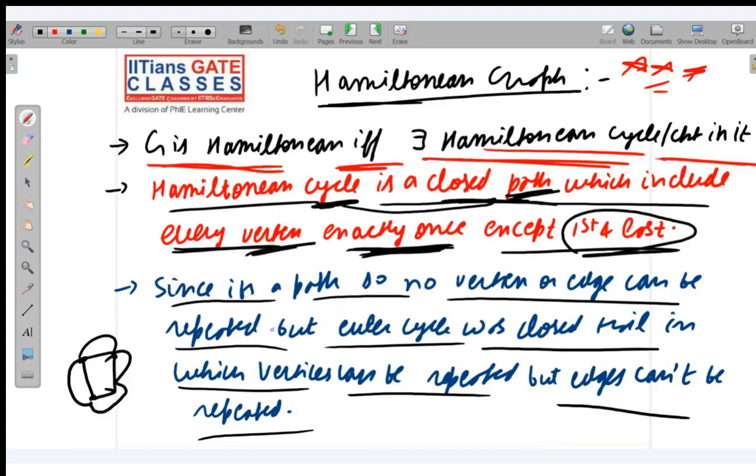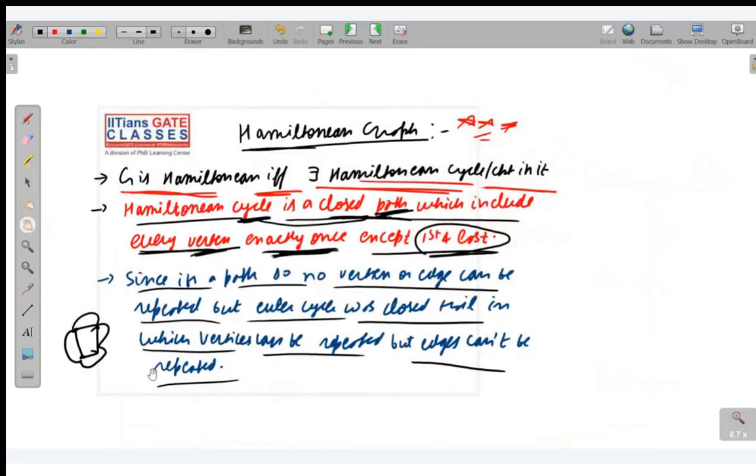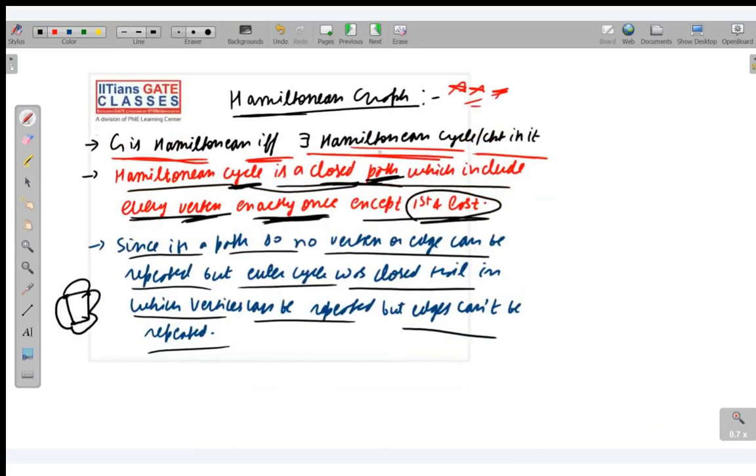Does it mean that we should not retrace? Every vertex to be covered exactly once. Exactly once. Self-intersecting is not allowed.